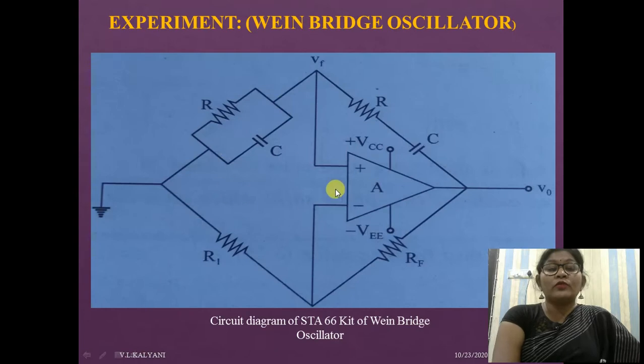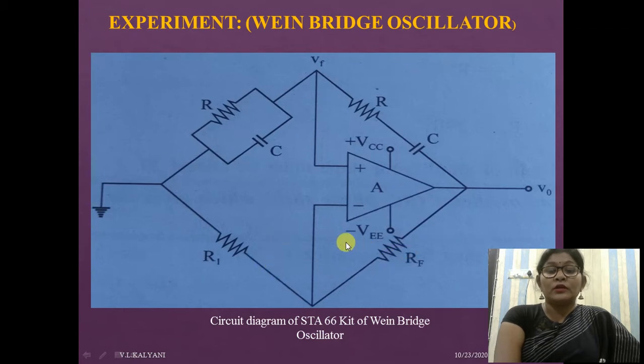As you know, the Wien bridge oscillator circuitry will be like this. This is your parallel arm of the RC combination, and this is your series arm of the RC combination, and this is your operational amplifier. This is your inverting mode, and this is your non-inverting mode, and here R1 and RF are used for the gain.